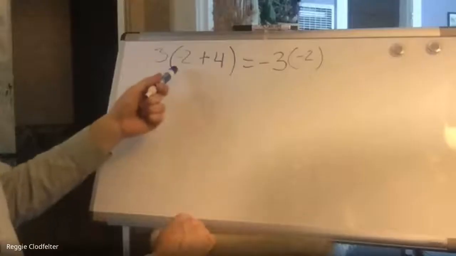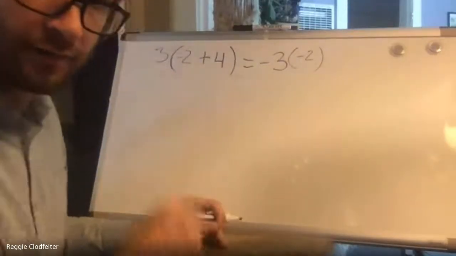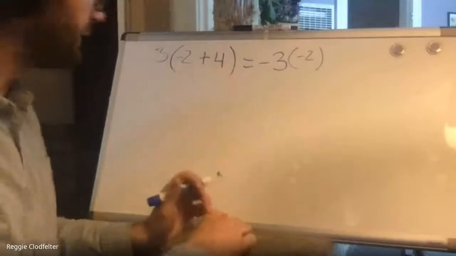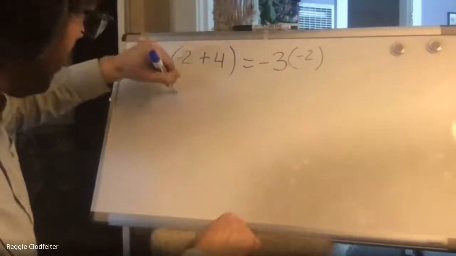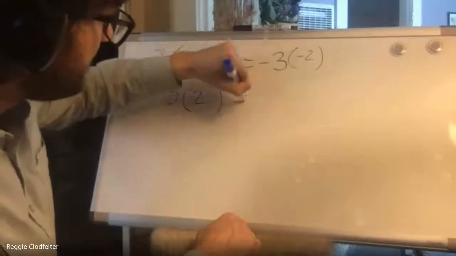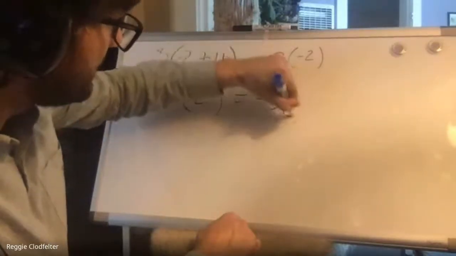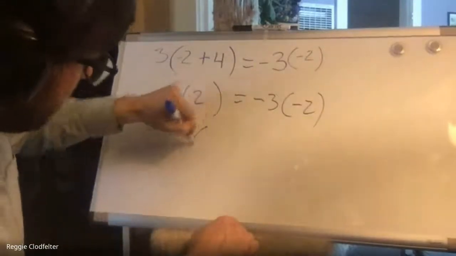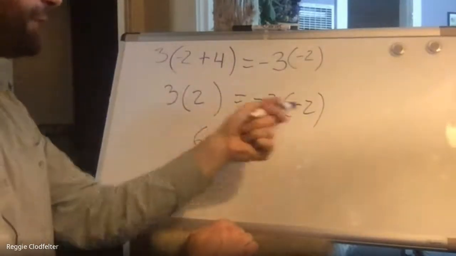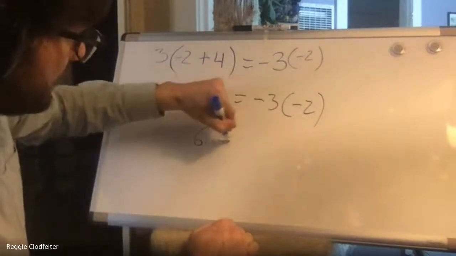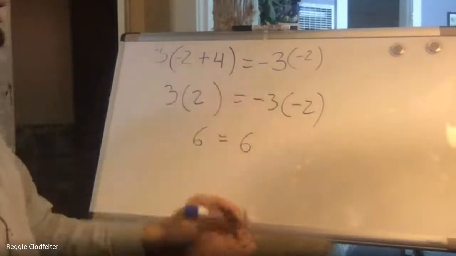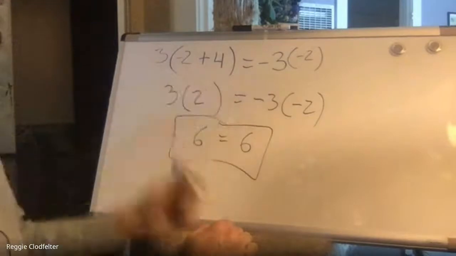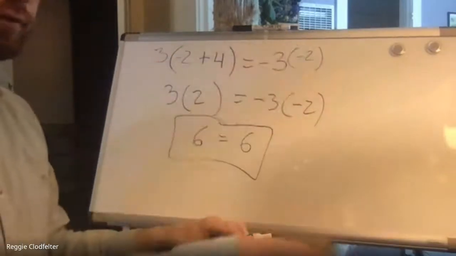Now what's negative 2 plus 4? 2. So now I have 3 times 2 equals negative 3 times negative 2. 3 times 2 equals 6. Negative 3 times negative 2 equals 6. That means that I did it correctly, and in fact, x equals negative 2.